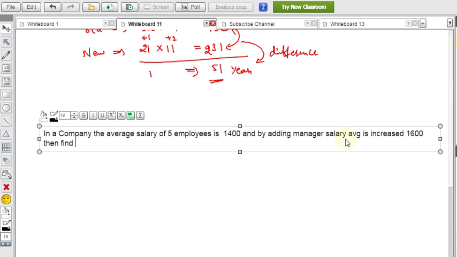Then find the salary of the manager per annum.